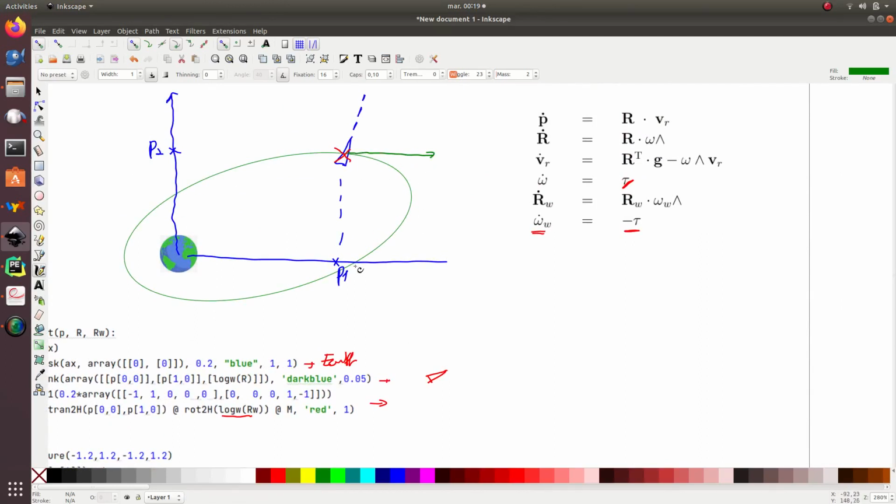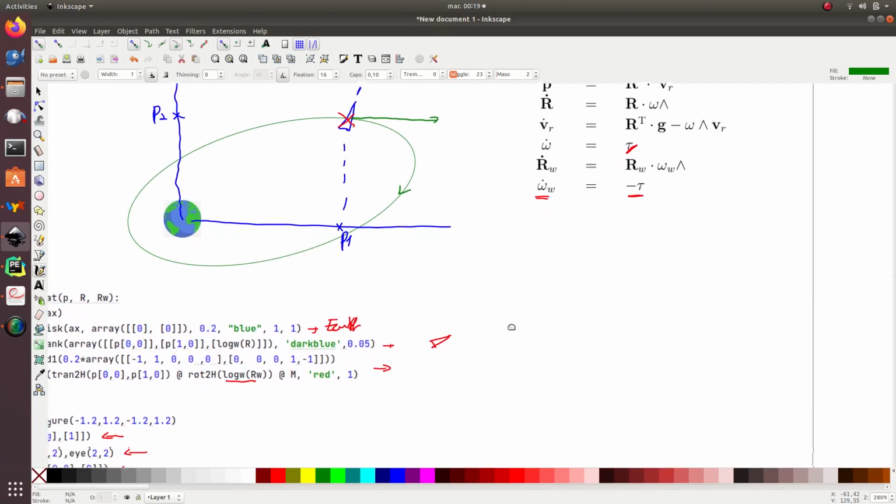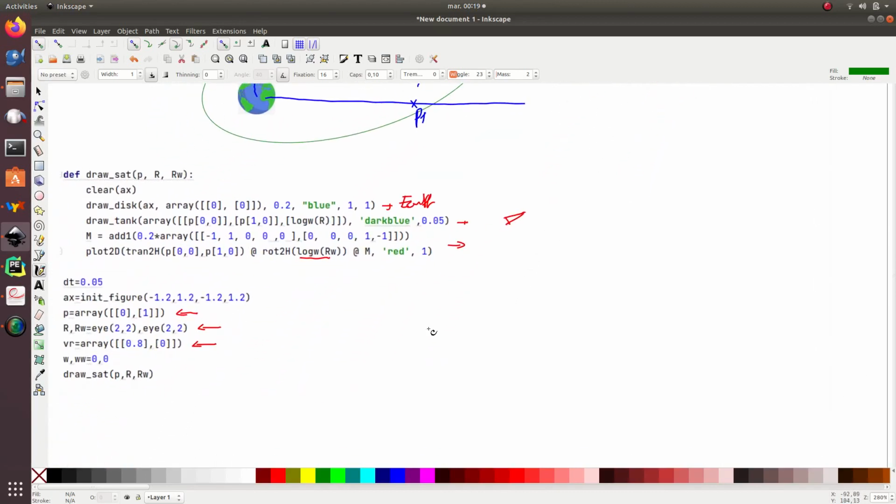It has to be tangent to the trajectory represented here. For the initialization, I will take the rotation speed of the wheel and also of the satellite equal to 0. I draw the satellite with this function.